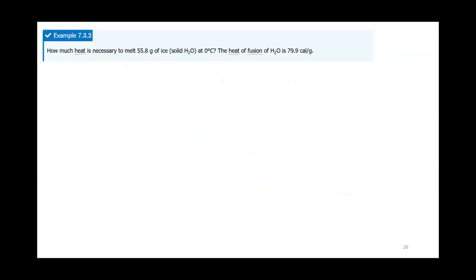So let's look at an example problem from the book. It says, how much heat is necessary to melt 55.8 grams of ice? So mass equals 55.8 grams. And then it says the heat of fusion, I'm going to use its symbol there, is equal to 79.9 calories per gram.